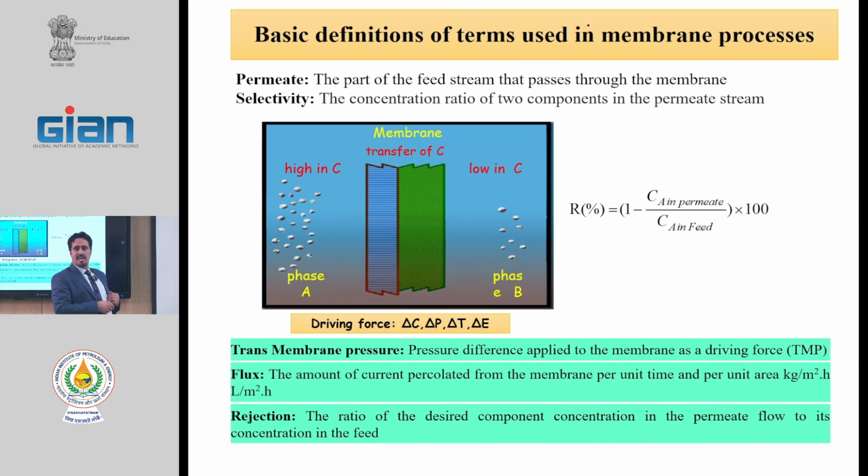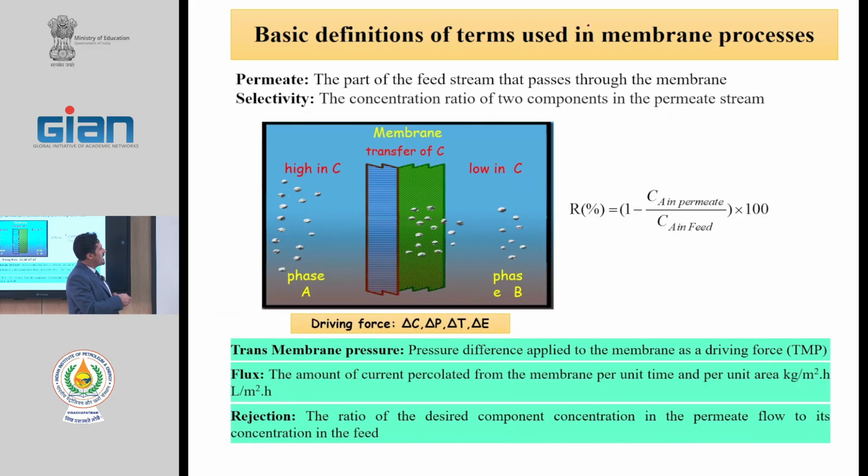Difference in pressure means we must have higher pressure on the feed side than the permeate side. Usually in microfiltration, ultrafiltration, nanofiltration, the permeate side is at 1 atmosphere.